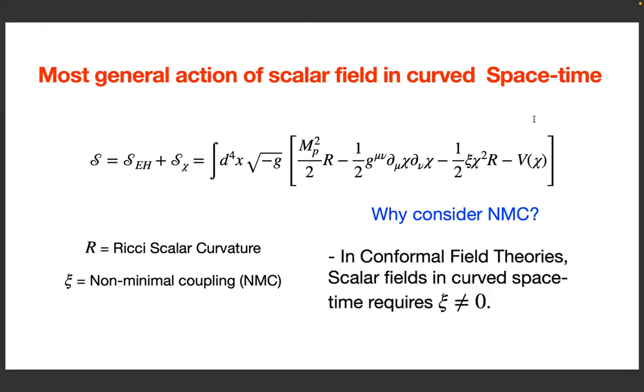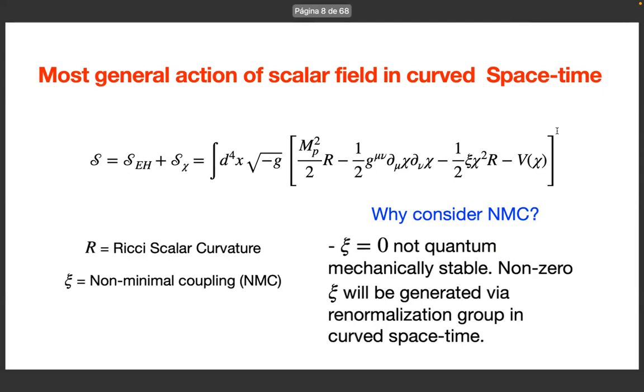Even more, in conformal field theories it's actually required to have a non-zero non-minimal coupling to have a conformal field theory of scalar fields in curved space-time. And quantum mechanically, just having a zero coupling here is not stable, because at some point it will be generated through renormalization group equations in curved space-time. So these are the motivations for why to consider such scenarios.